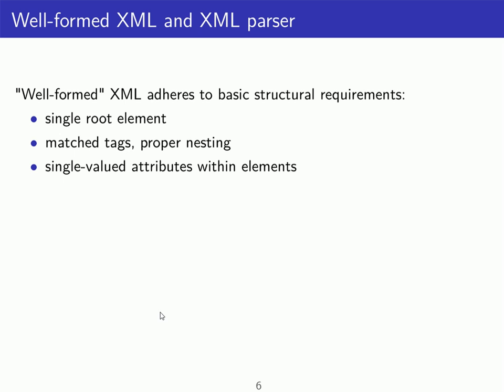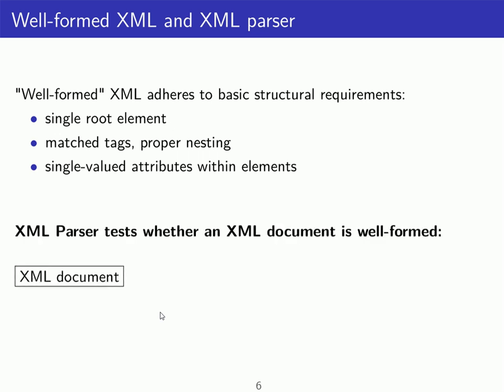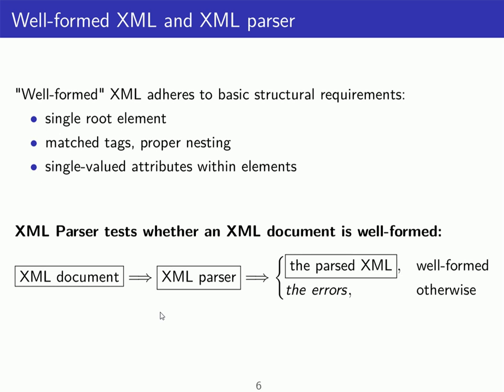In order to automatically analyze an XML document, we have XML parsers provided. For an XML parser, if we are given an XML document, we will feed it into the XML parser, and the XML parser will return to us in 2 cases.